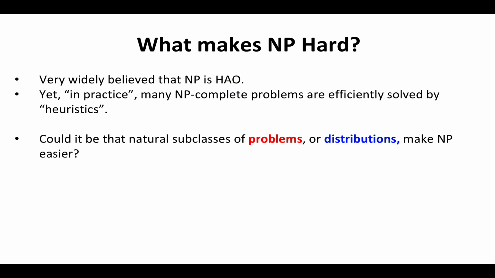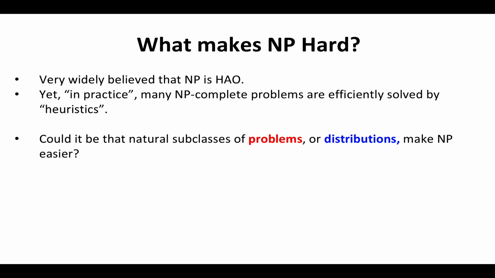Okay. In particular, could it be the case that there are some natural subclasses of problems that make it easy? Is it the case that maybe I can restrict the class of problems in some natural way, or maybe restrict the class of distributions in some natural way that makes the problem easier, right?